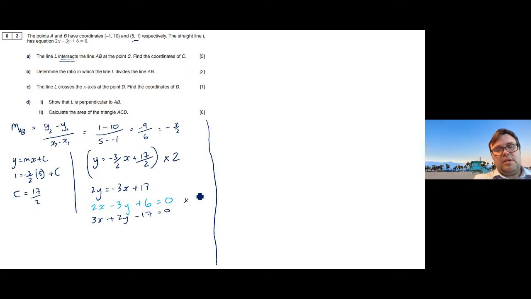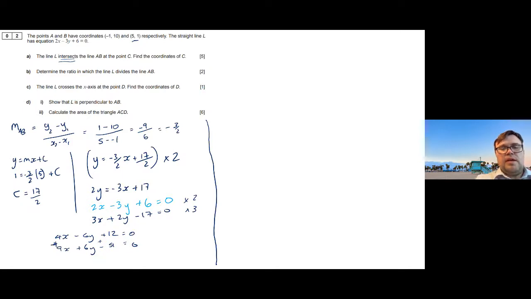If I times the top one by 2 and the bottom one by 3, I end up with 4x minus 6y plus 12 on the top, and I'll have 9x plus 6y minus 51. Again, these are equal to 0, sorry.